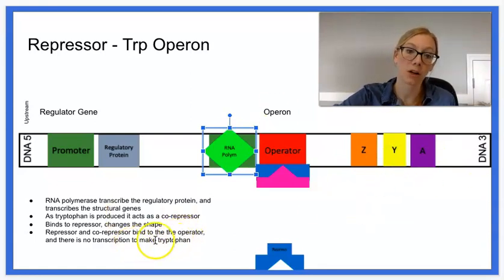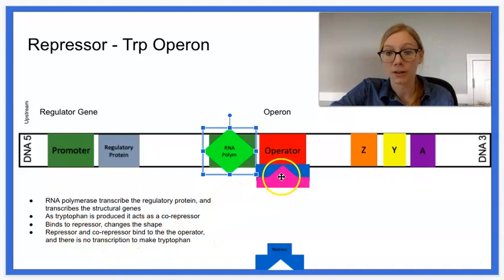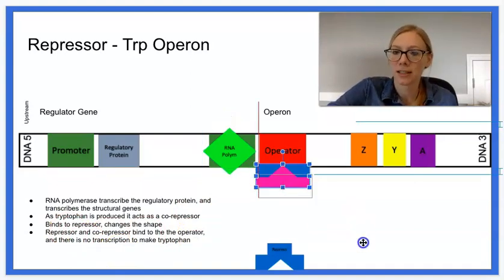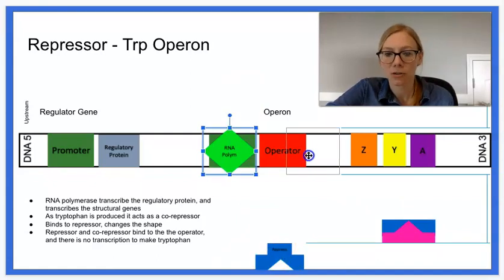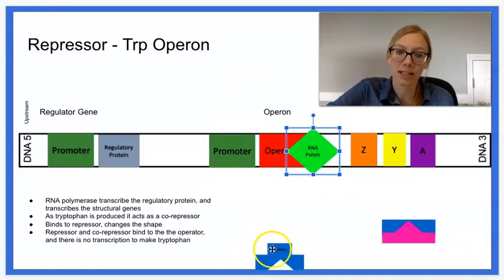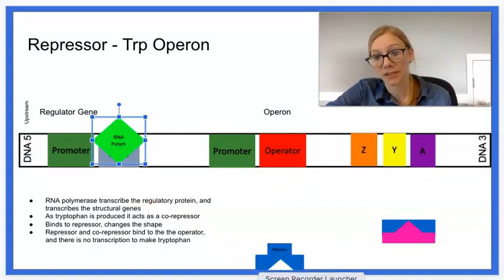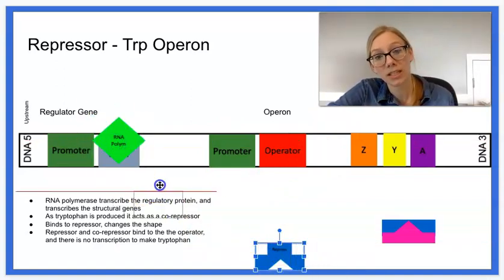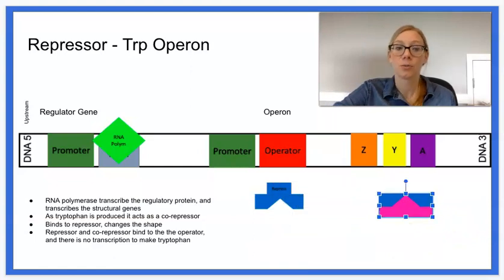My repressor and my co-repressor bind to the operator, and there is no more transcription of tryptophan. Now, eventually, if tryptophan gets low, this will release, and we can go ahead and transcribe again. When I get enough, my RNA polymerase comes over here, makes my regulatory protein, it will combine with tryptophan, shape change, and do it all over again.